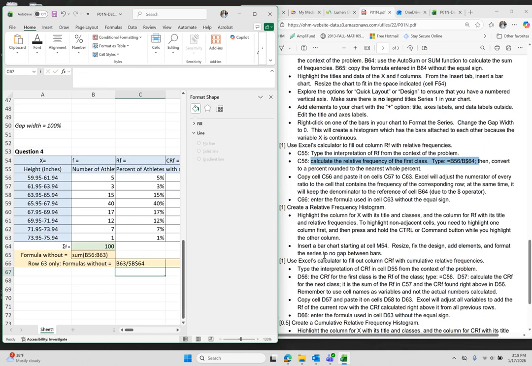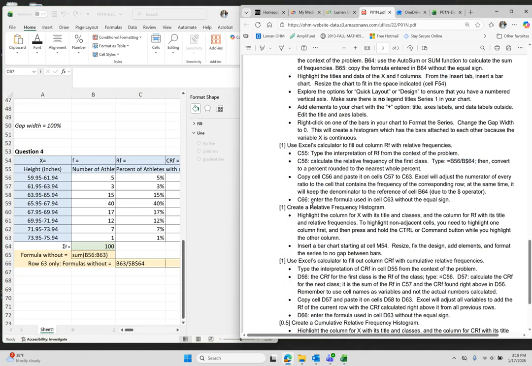And notice here that the project only wants us to keep the $ sign on 64, which is actually the only thing that we need to do. But I have used the $ sign in front of B as well, which didn't do anything. It just verified that if I were to move right or left and wanted to use the same formula, I would be able to still have a denominator at that location where the total number of athletes was calculated.